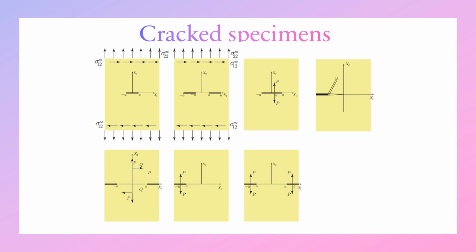For each cracked geometry, we can find the theoretical solution based on the complex variable theory of plane elasticity, and these theoretical solutions allow us to compare the asymptotic presentations based on the different truncated asymptotic solutions.